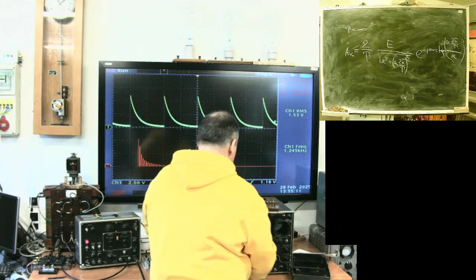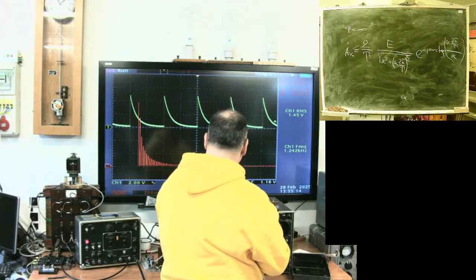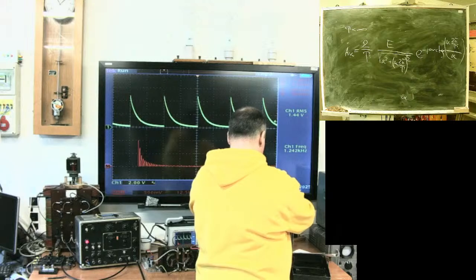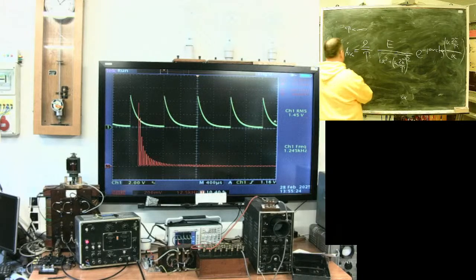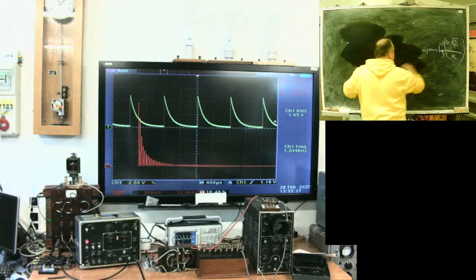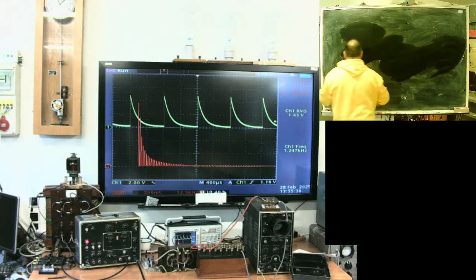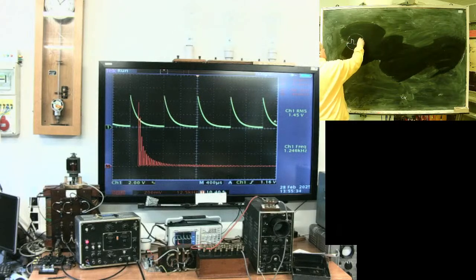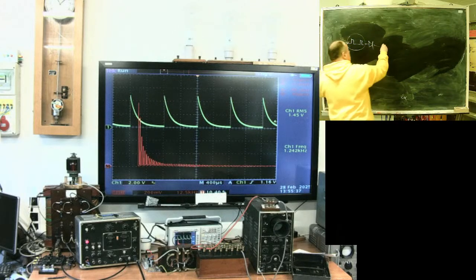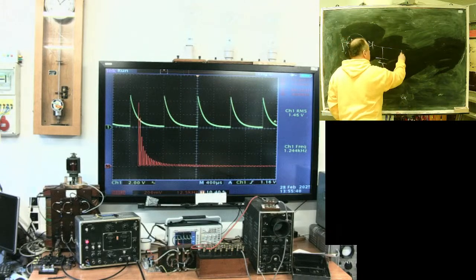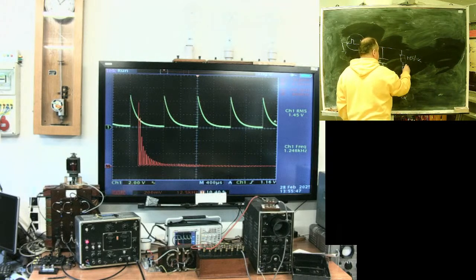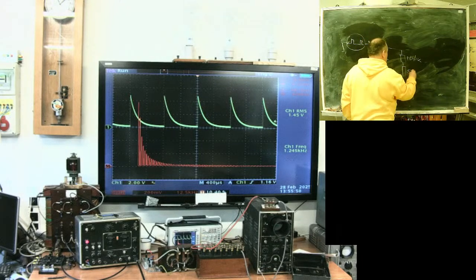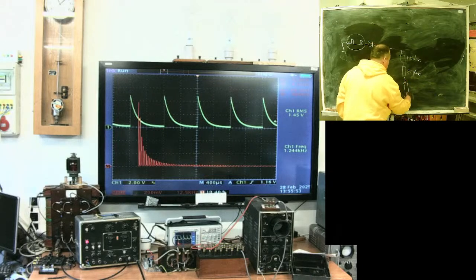One second, I'll draw the schematics. Pulse generator, capacitance 100 pF, 50 pF, 50 kilo ohm.